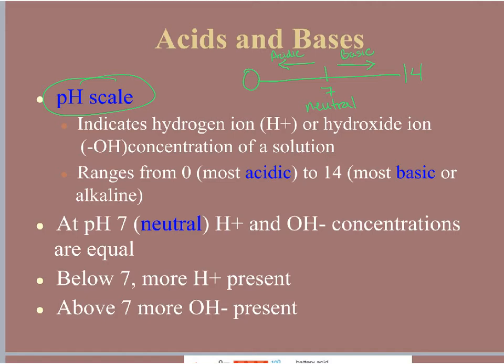And what the scale measures and indicates is the number of hydrogen ions. These are cations, right? So we write hydrogen ions as H+, or hydroxide ions in solution. So an acid is going to have more hydrogen ions in solution, and a base would have more hydroxide ions in solution.